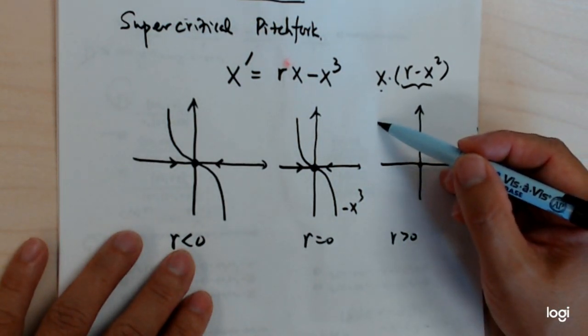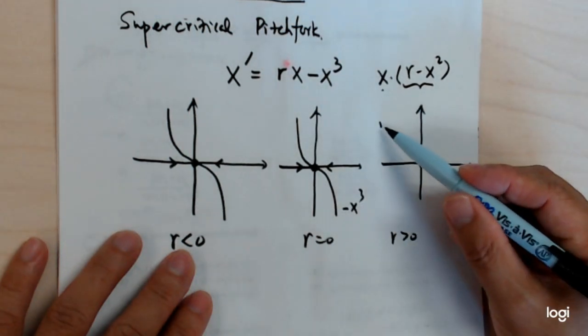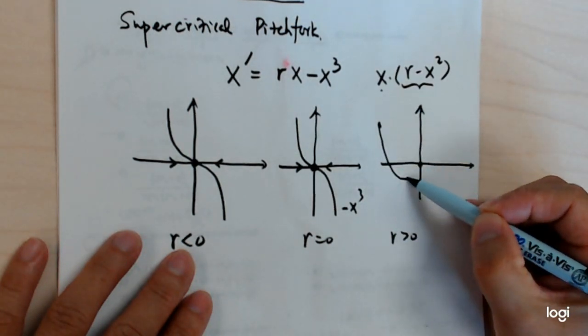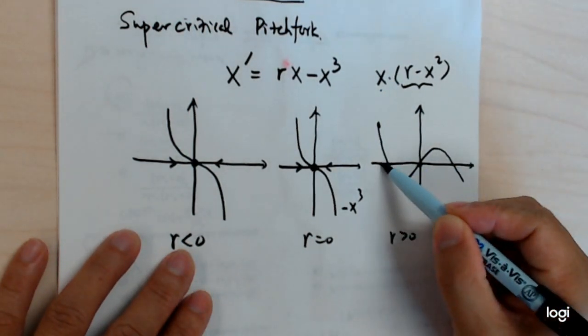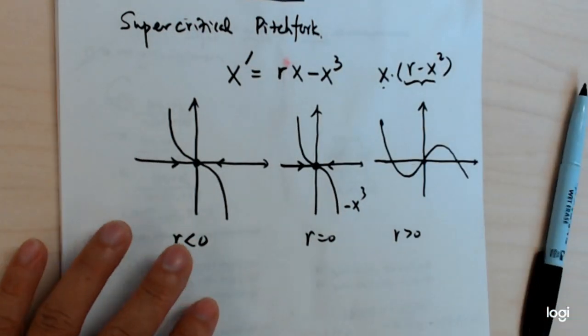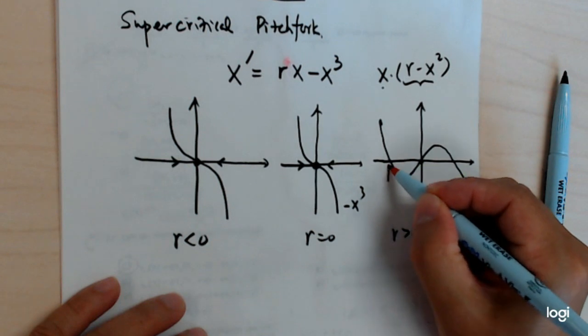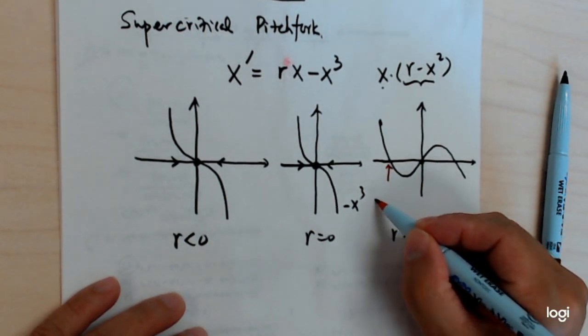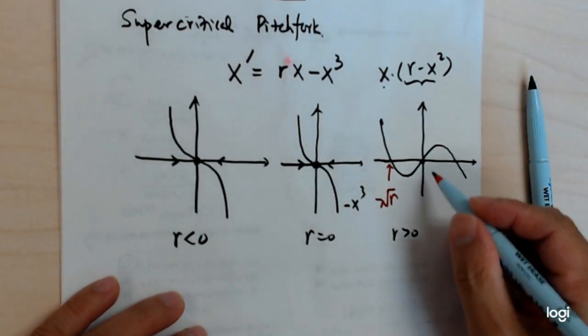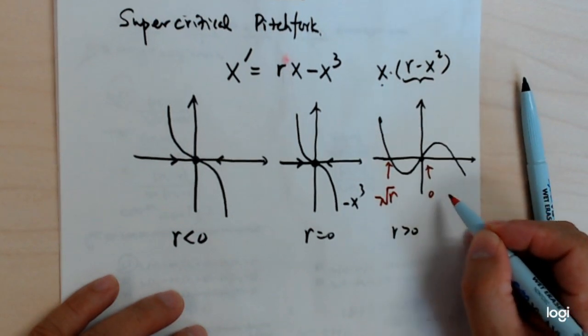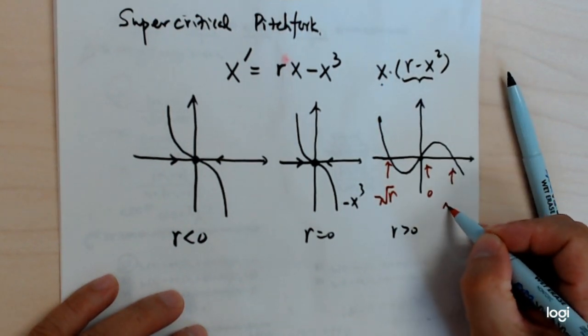The graph of Rx minus x cubed looks like this. There are 3 equilibria now. You can solve for this one: it turns out to be negative square root of R, then 0, and then positive square root of R.